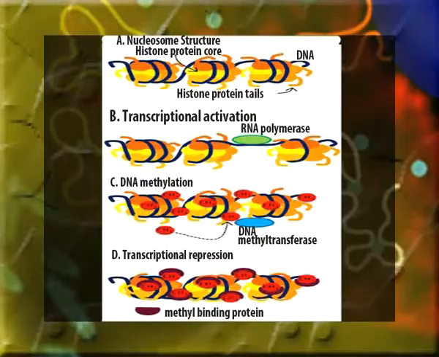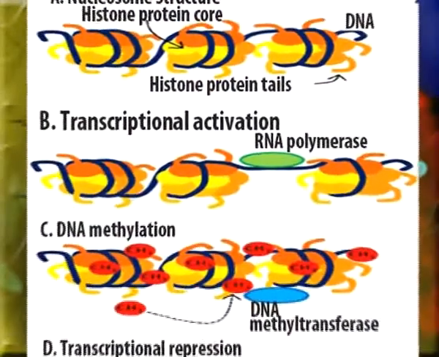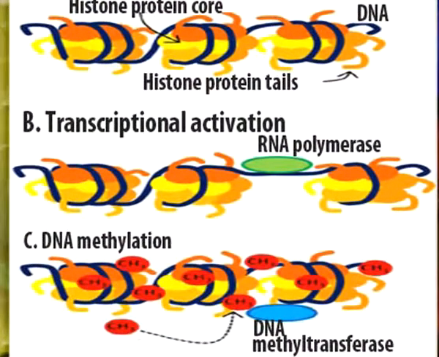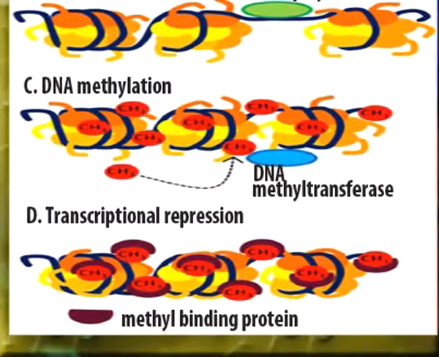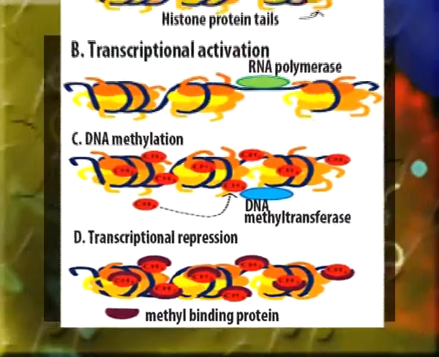Both histone fold DNA interactions in the core particle and histone tail interactions in the chromatin fiber are thought to contribute to repression, and each is counteracted by specific mechanisms.